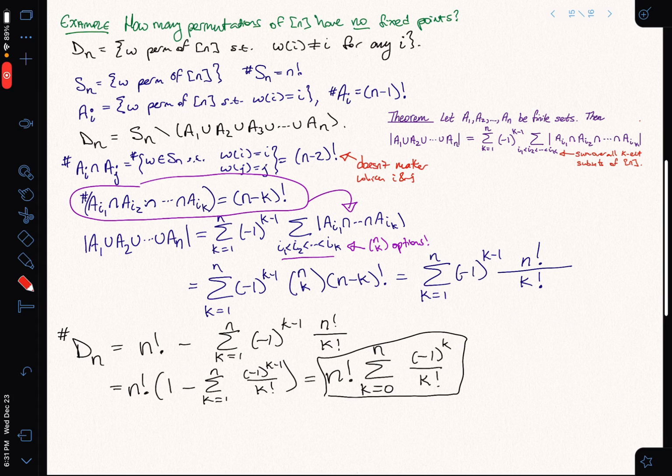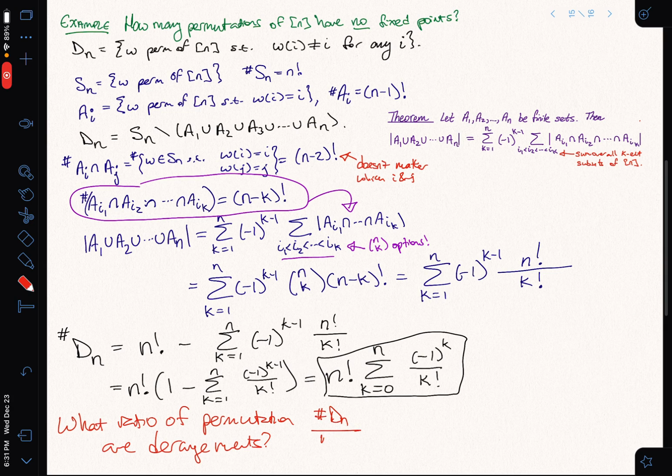But let's think about probability. What ratio, if you like, since we haven't quite done probability yet, what ratio of permutations are derangements? Well, for that, we just take the number of derangements divided by the number of permutations. That's an interesting amount.